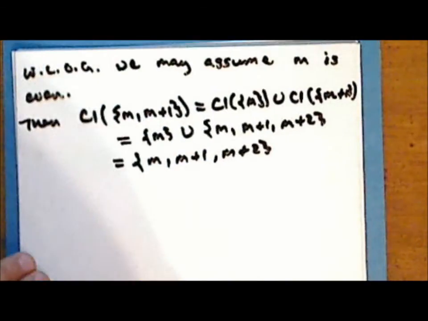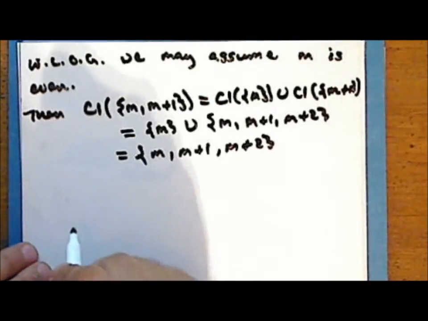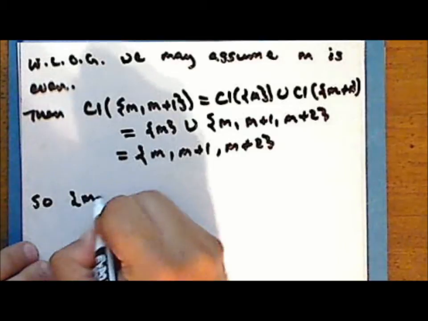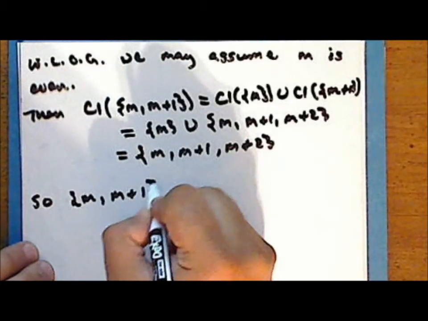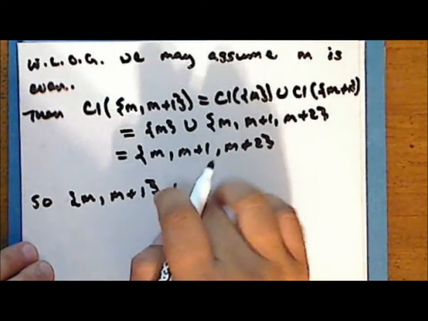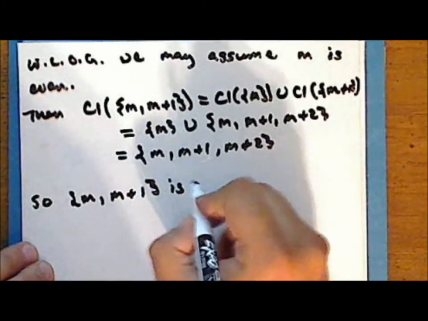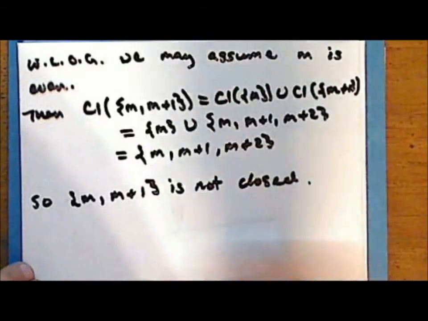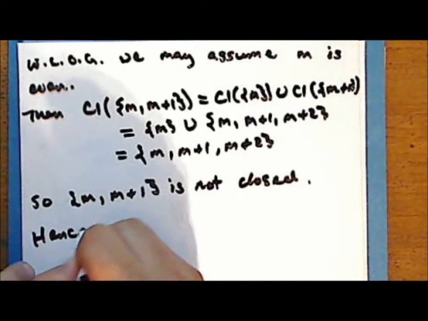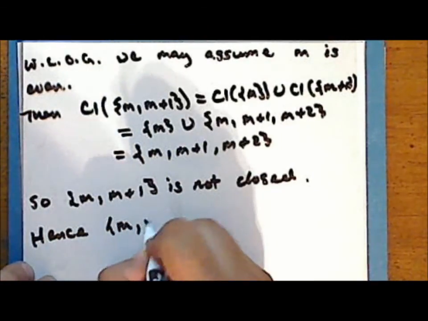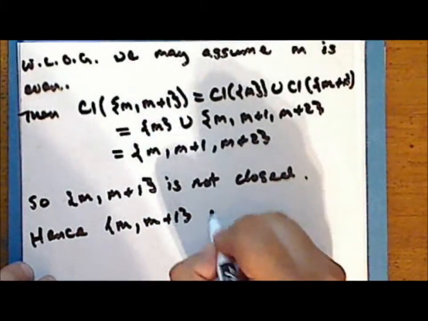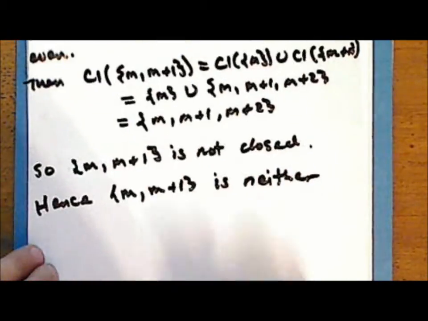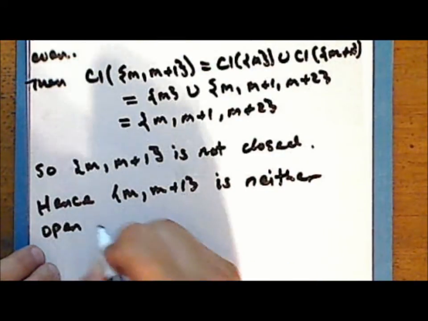And so as the closure of the set is not equal to the set, we have that the 2-point set m, m plus 1 is not closed, and hence the 2-point set is neither open nor closed.